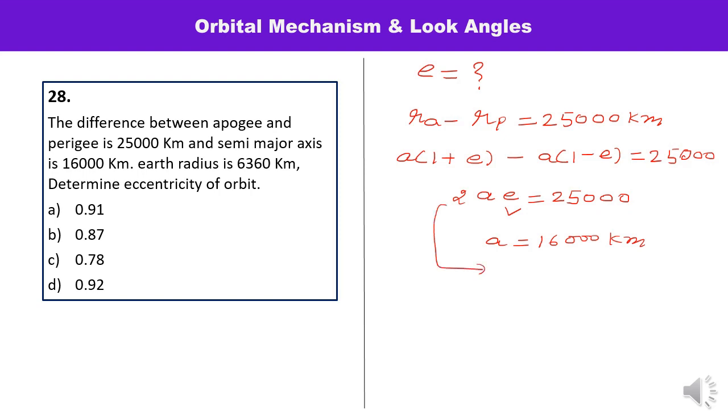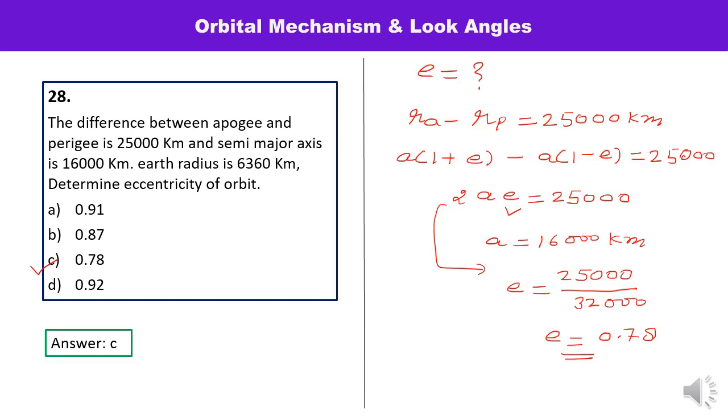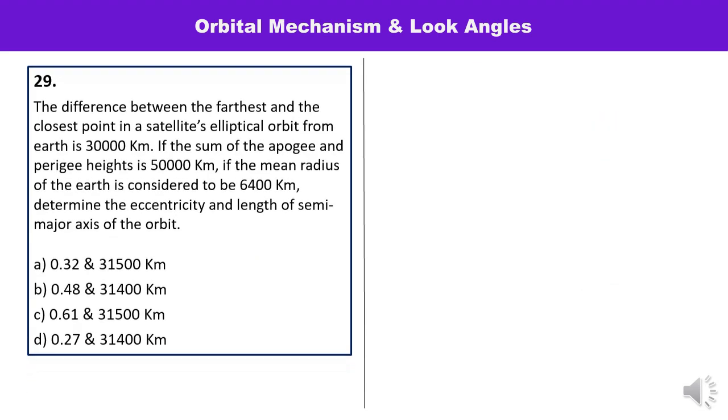So from here you can calculate E is what? 25,000 upon 16,000 into 2, which is 32,000. So the value of E you will be getting at 0.78. Check it from the given answers. It matches with the option C. This is the correct one.